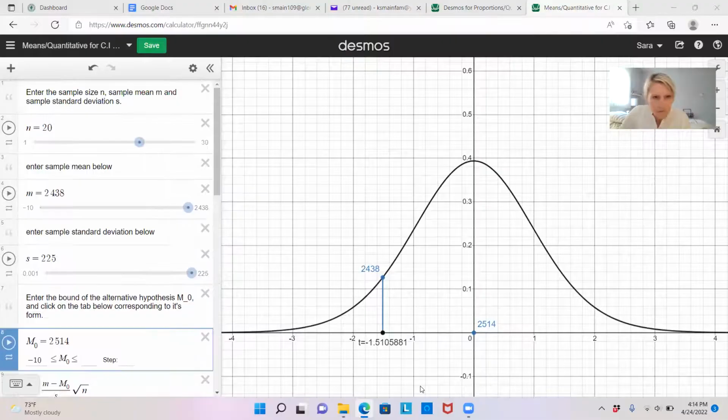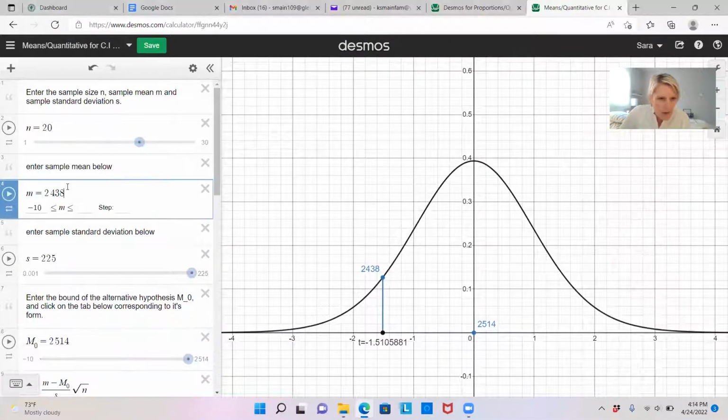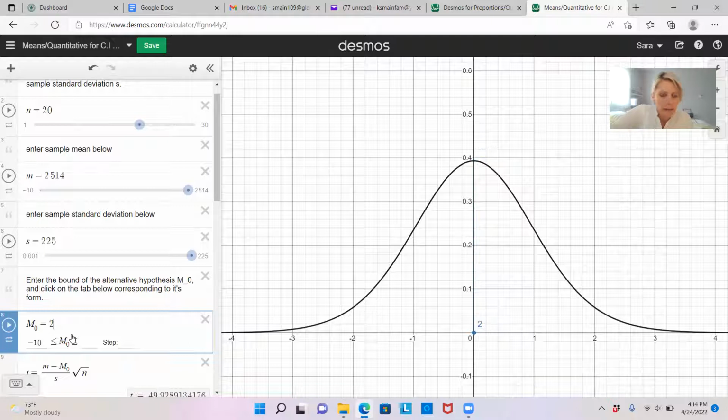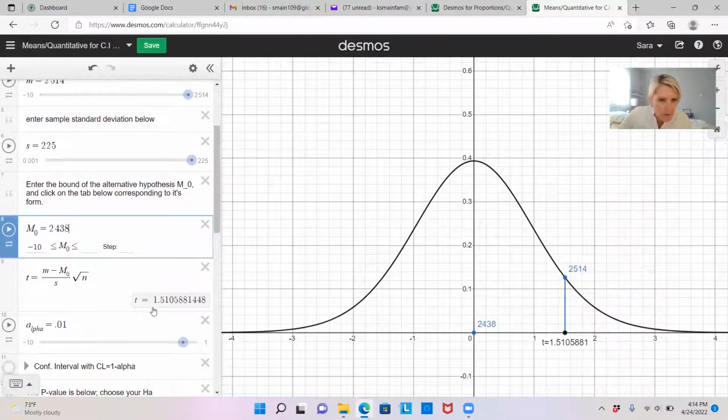I entered it wrong; this should be our sample mean up here. I confused myself about what I typed in. And so this should be a positive 1.51 for our T.